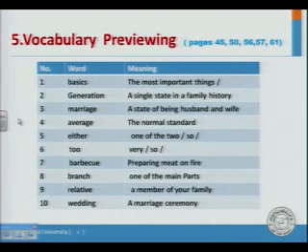And this is one meaning of either. The other one means أيضا. The next one is too. Too means the same, أيضا, but we use either at the end of a negative sentence, and too at the end of a positive sentence. Either في نهاية الجملة المنفية, و too في نهاية الجملة المثبتة.